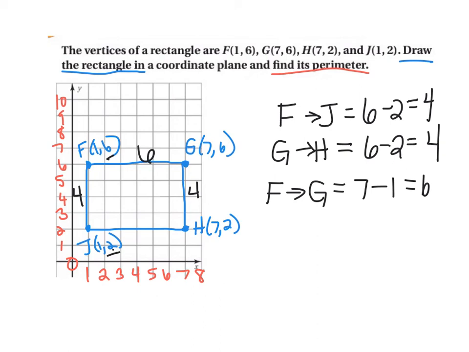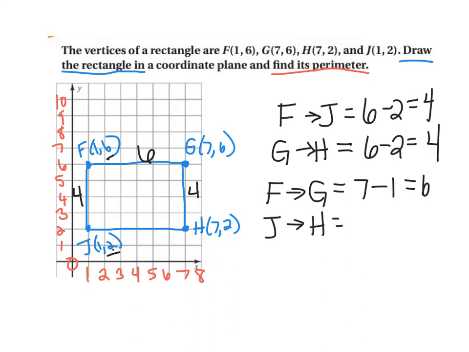Again, if you forget and you put the 1 first, then try to subtract 7, you're going to get into negative numbers. So you'll always want to put that bigger number first when you subtract. Then we're going to do our last one here, from J to H. If we look at it again, we should have matching y coordinates, because we should be the same distance up.